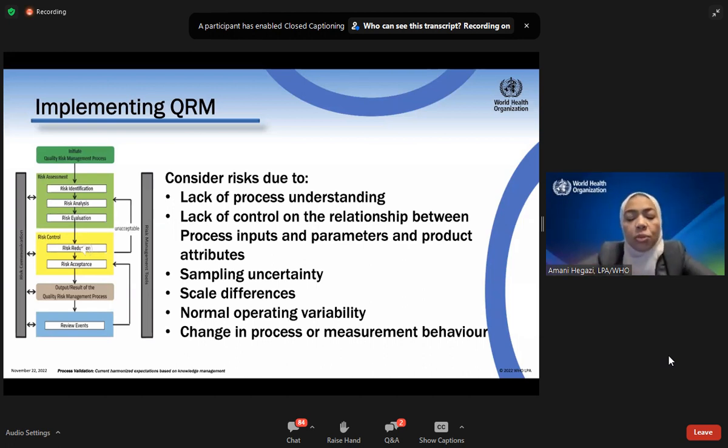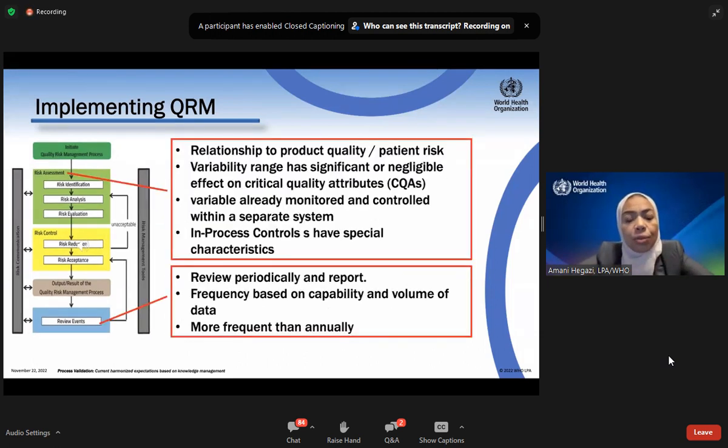So all these risks should be considered in the quality risk management plan, and we should set control measures that prevent these risks from impacting the overall quality of the product and the patient.